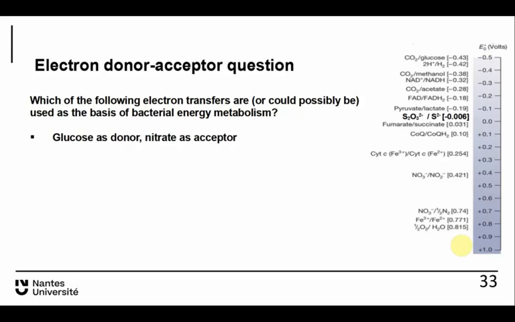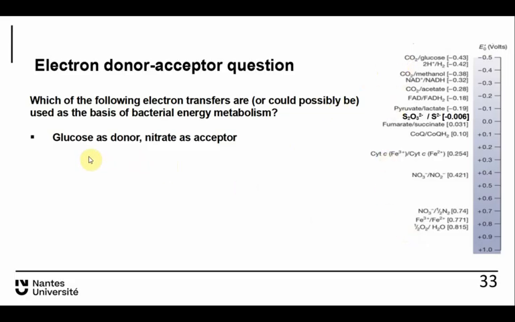Can it work? What you have to do is look up on the redox scale here. The ones at the top are the best electron donors. As you go down, they're poorer electron donors and become better electron acceptors. So what you have to figure out is whether it is energetically favorable, with electrons going from here to somewhere lower.